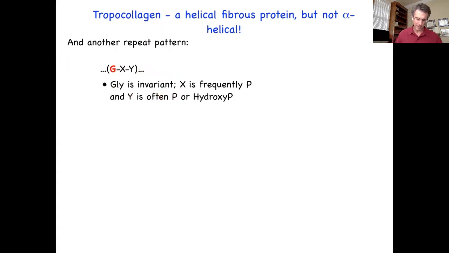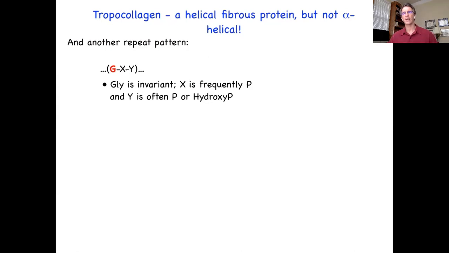The glycine in this 3 residue repeat is invariant. The glycine's almost always there, I think. It repeats exclusively. X is frequently, not always, but very frequently proline. And Y is also frequently proline or very often hydroxyproline. So what you end up with is something that's very similar to Gly-Pro-Pro, right? As for a long part of this helix.